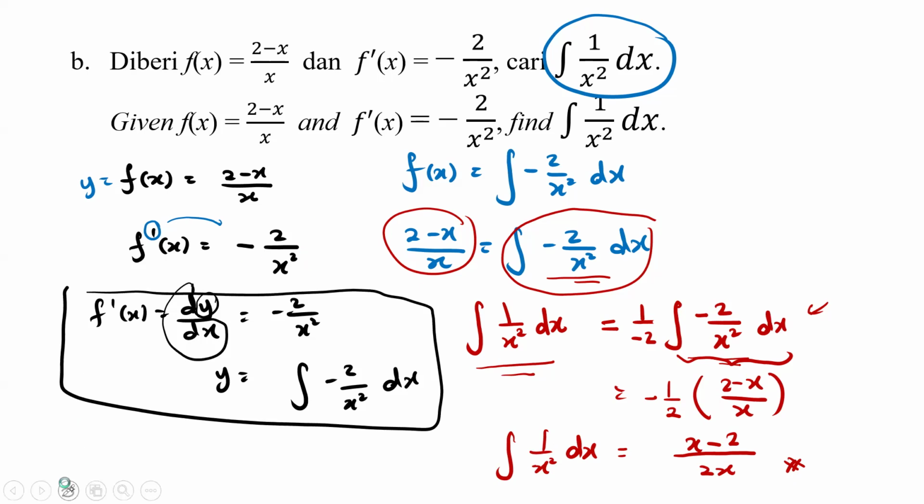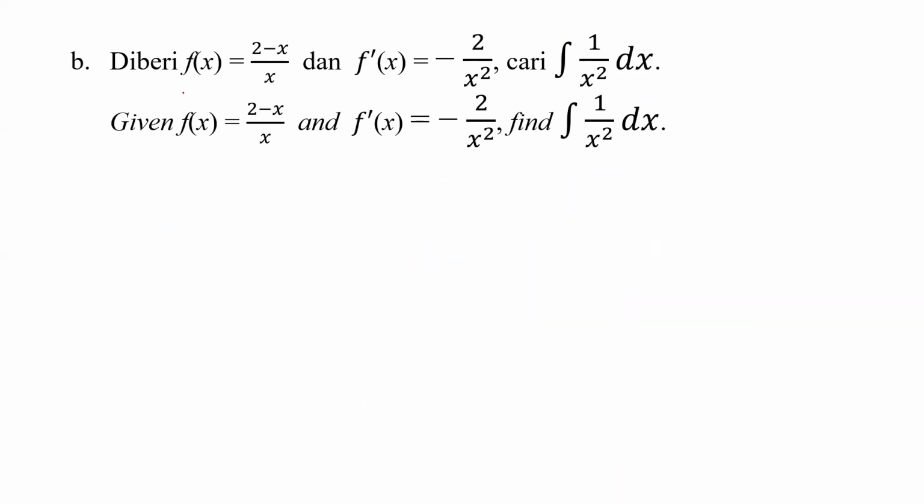Okay, I try to explain one more time. Erase all first. I have f(x) equals this. f prime x equals this. f prime x is basically dy by dx. I'm supposed to find the integration. However, in the information given, I don't see an integration symbol.